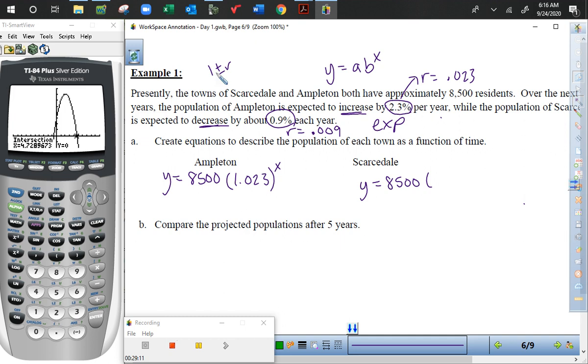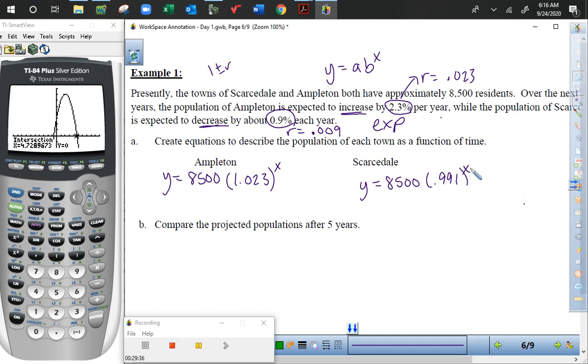Do be careful, this is 0.9%. So really, if we're thinking about 100% minus 0.9, that's 99.1%. So that'd look like 0.991 when we move it over. Calculator's your friend if you're stuck on that.